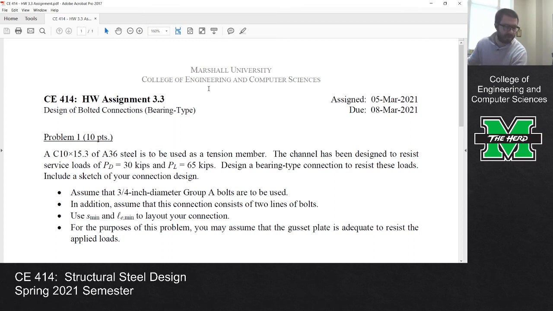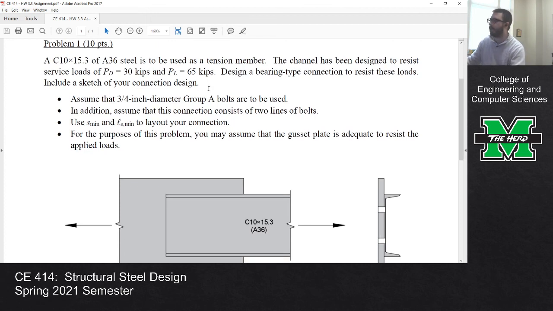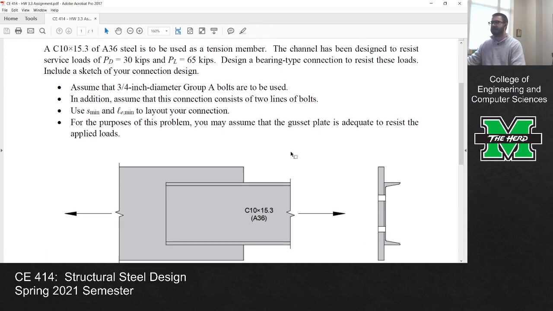I know we're running out of time. And so very similar problem, only you're going through the web of a C-section, not a plate. So you've got to look up the web thickness from the manual. But it's the same thing. I told you to use 2 lines of bolts, so it's going to look like that. You just don't know how many you're going to use.